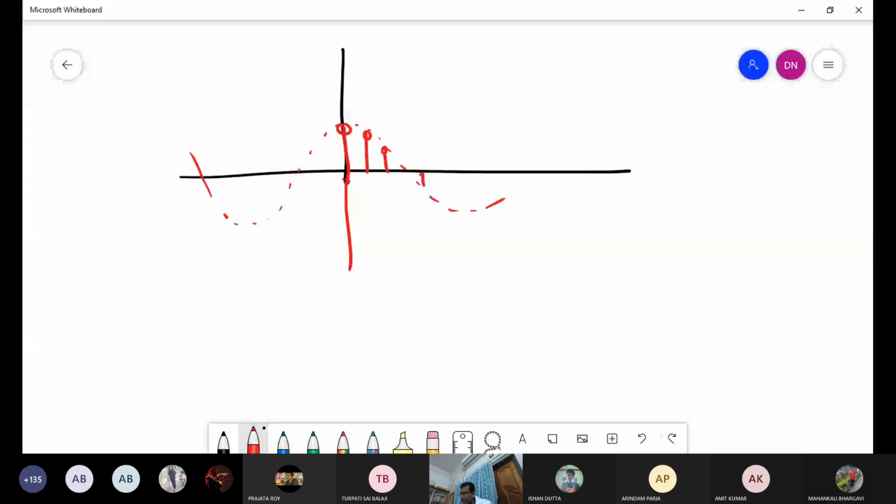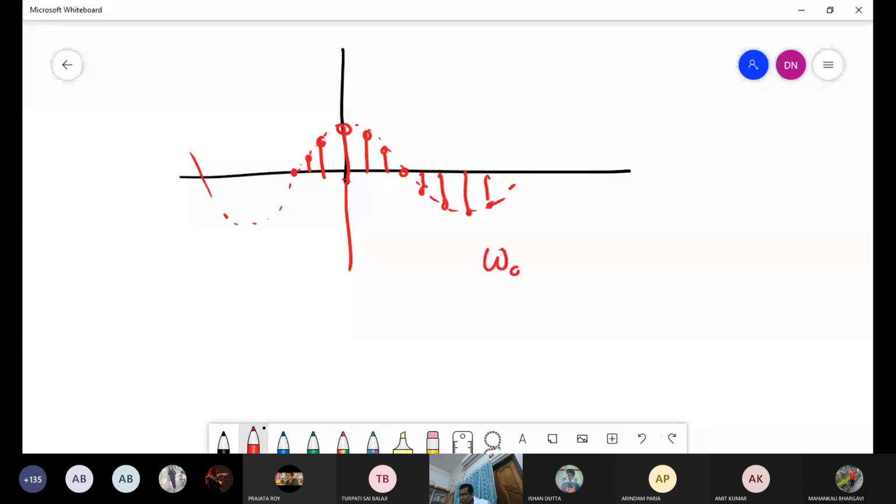So I am arbitrarily drawing. You will get this kind of sample values. And if you just connect the peak points of these samples, you will get a sinusoidal signal, and it will give you the impression that the signal is a sinusoidal signal.